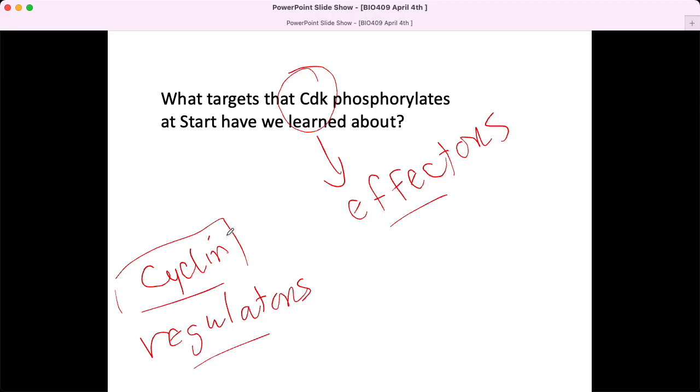Remember, we're talking about different points in the cell cycle, and we went to 2 points, and they're different. Joe's one was really good, because I could also ask the question, what targets does CDK phosphorylate at the start of mitosis? That would include phosphorylating the nuclear lamins, so the proteins disassemble and the nucleus disassembles.